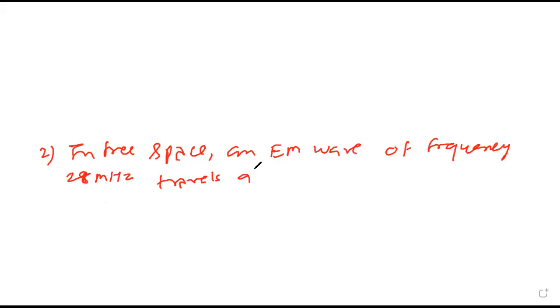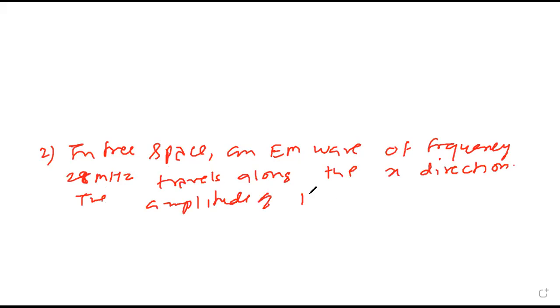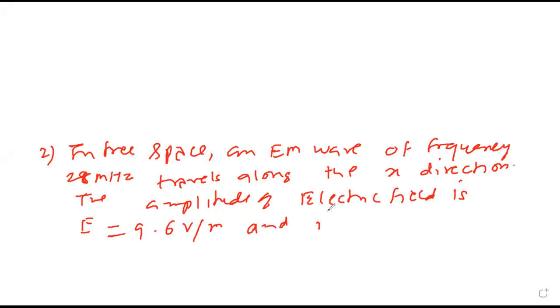Travels along the x direction. The amplitude of electric field is E equals 9.6 volt per meter, and its direction is along the y axis.